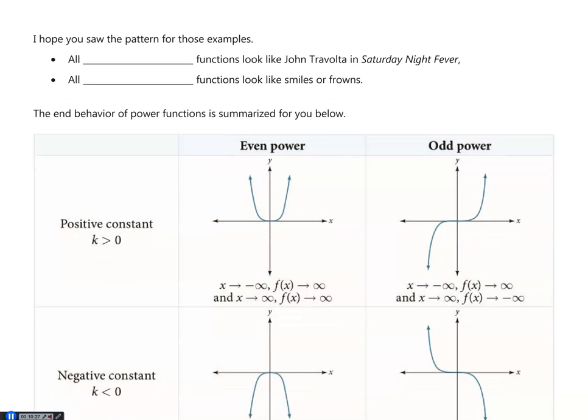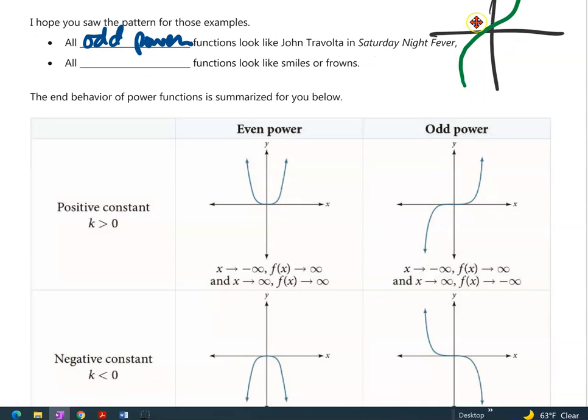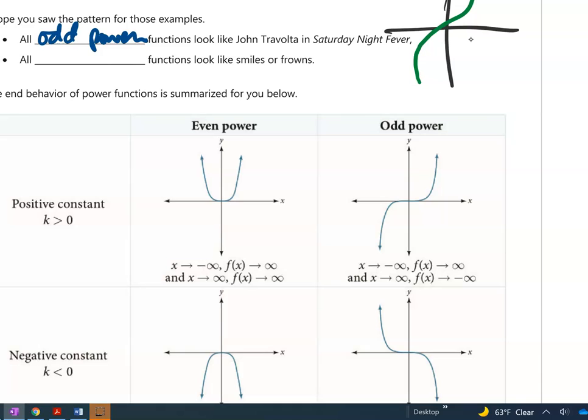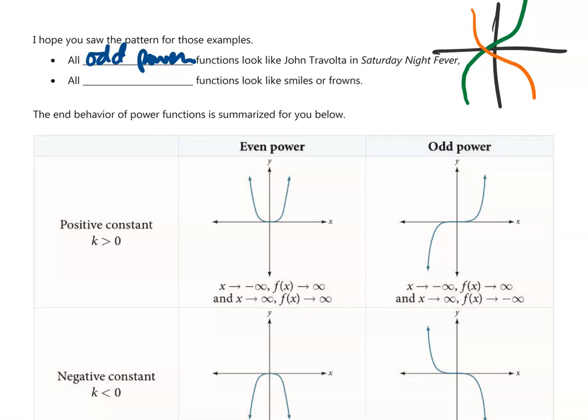Okay, I hope you saw the pattern for those examples. So all odd power functions look like John Travolta in Saturday Night Fever. So the best example is always think about a cubic, so like this, or like this, or a negative, or like this.